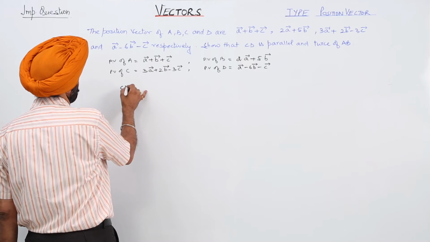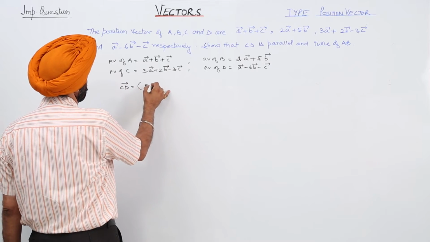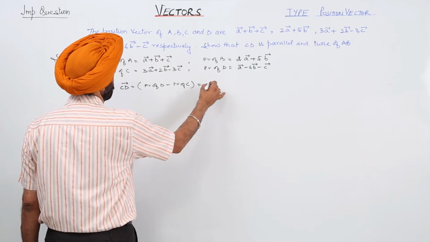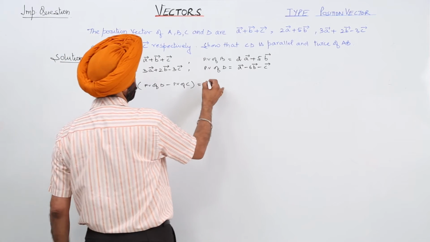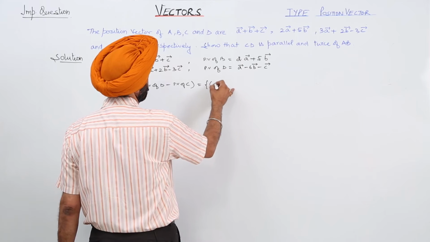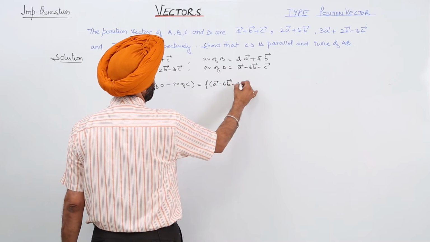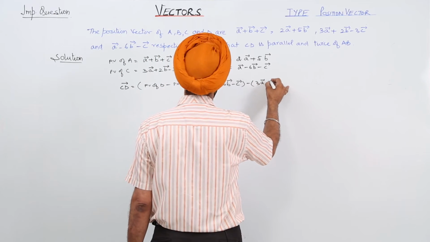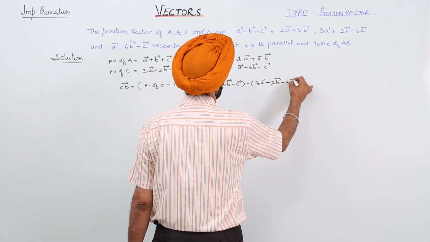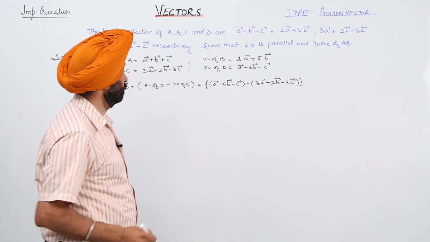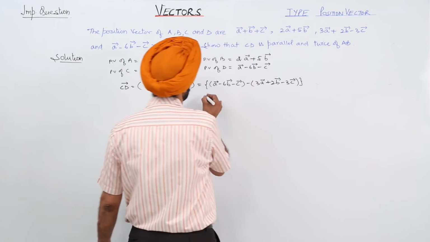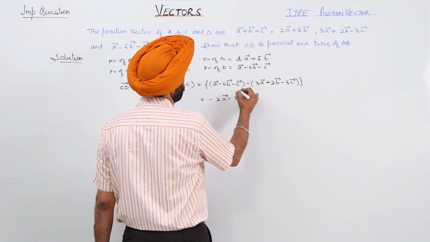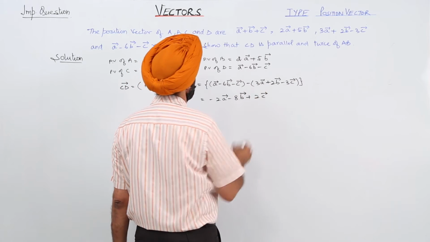Now, vector CD is equal to position vector of D minus position vector of C. On solving, we are getting this thing.